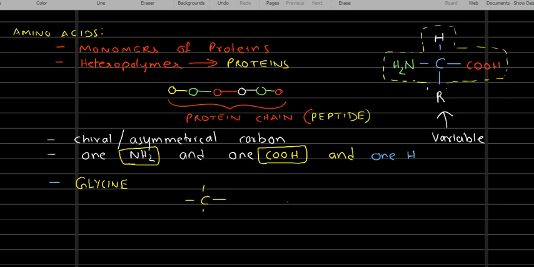It has a central carbon along with NH2, COOH, and H, and in place of R also it will have H. That means glycine does not show the presence of a chiral or asymmetrical carbon atom.